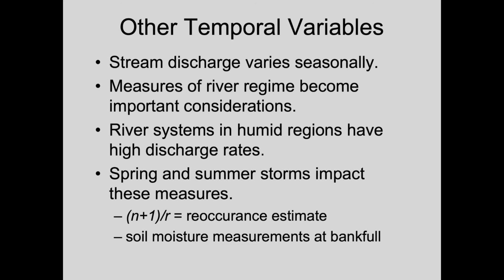So again, the moral of the story here is that when we're looking at a system of flow and we're trying to get a sense of where it currently is and eventually where it will end up in this change over time model, we want to take into consideration both spatial and temporal variables.